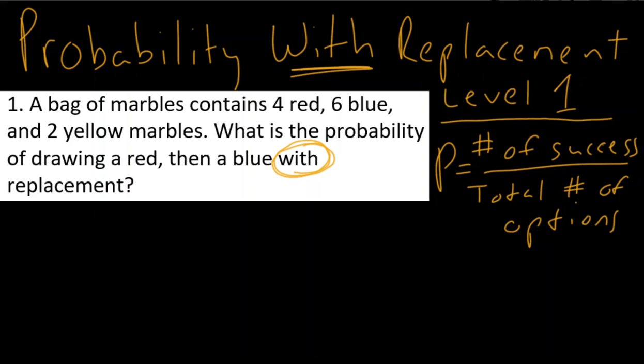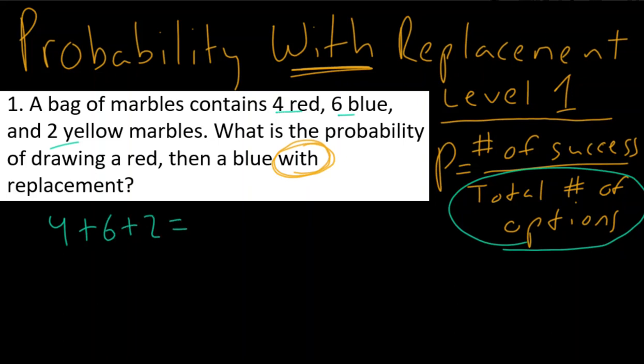The first thing you always have to figure out is, what is my total number of options? So we want to add all three numbers: 4 plus 6 plus 2. I'm sure you can tell 4 plus 6 is 10, and 10 plus 2 is 12. This is our total number of options.